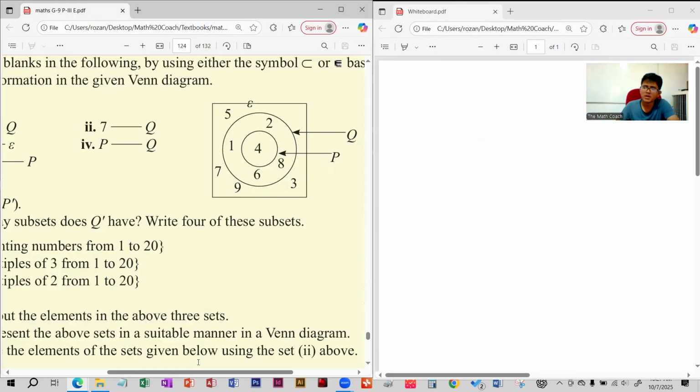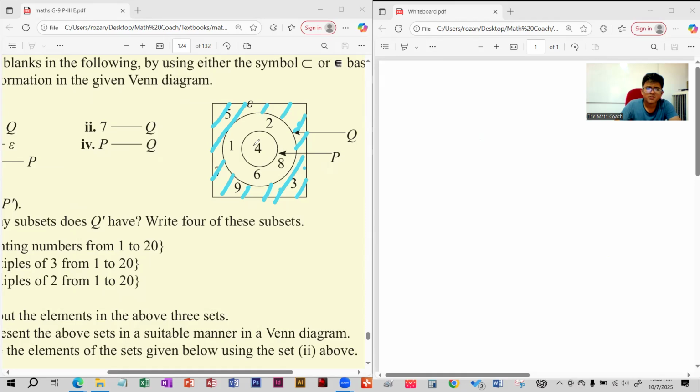Stuff that are outside Q. Stuff that are outside Q are these. So because P is a part of Q, because Colombo is a part of Sri Lanka, they are omitting the P as well because P is also inside Q, right?